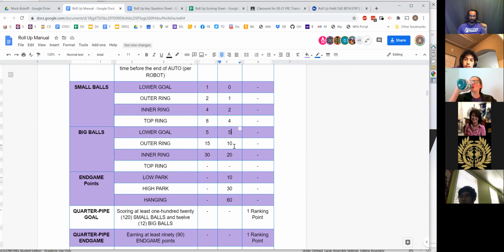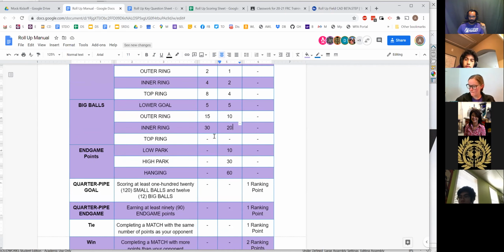The teleop values are 5, 10, 20. And then you cannot put a big ball into the top ring. It won't happen. We promise. The ball is the same size as the top ring. It's never going to happen.